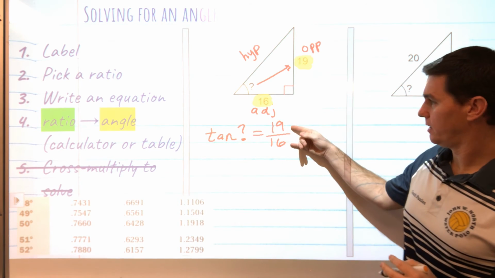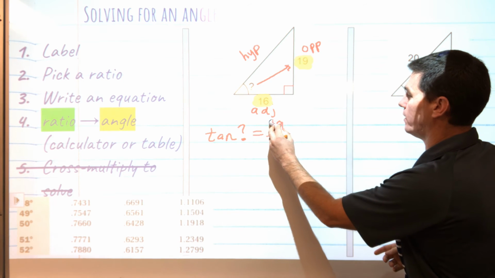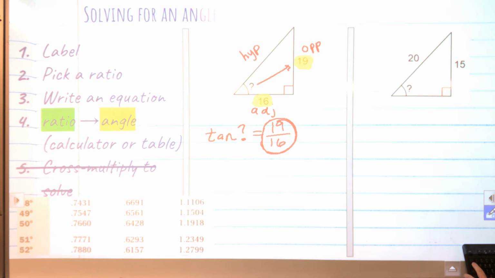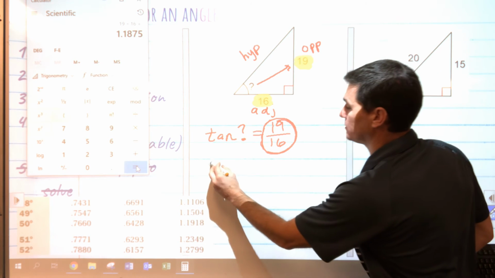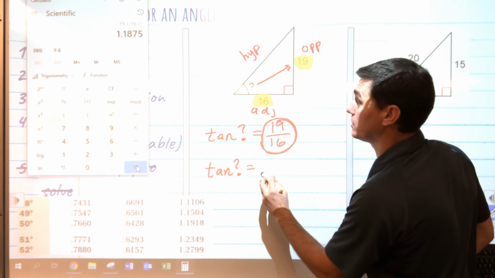Okay? And right here, we use the ratio. Well, what ratio do we have? Well, the ratio is 19 over 16. On your calculator, type in 19 over 16, and that gives you 1.1875.